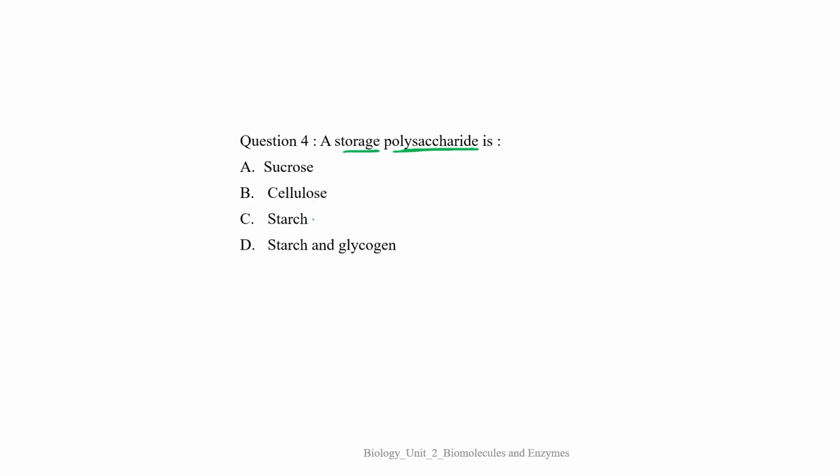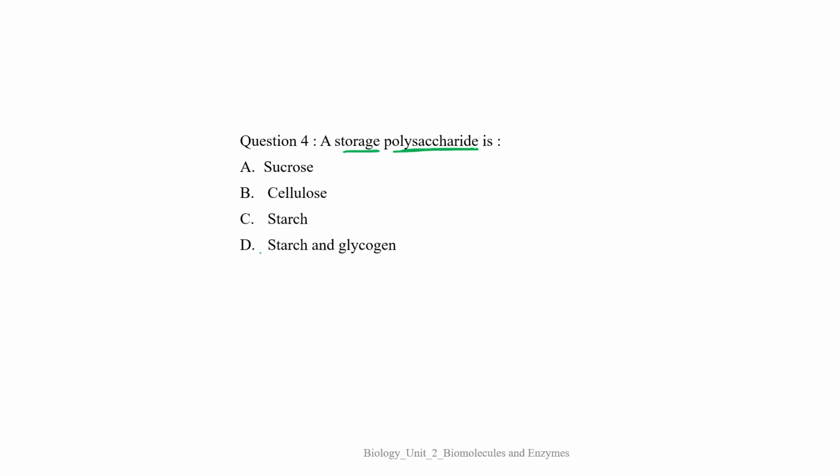In plants, starch is the main type of polysaccharide which we consider as a storage polysaccharide, because plants store their food as starch. Most of the fruits, whether it is banana or papaya, apple or potato, they store their food as starch, right?